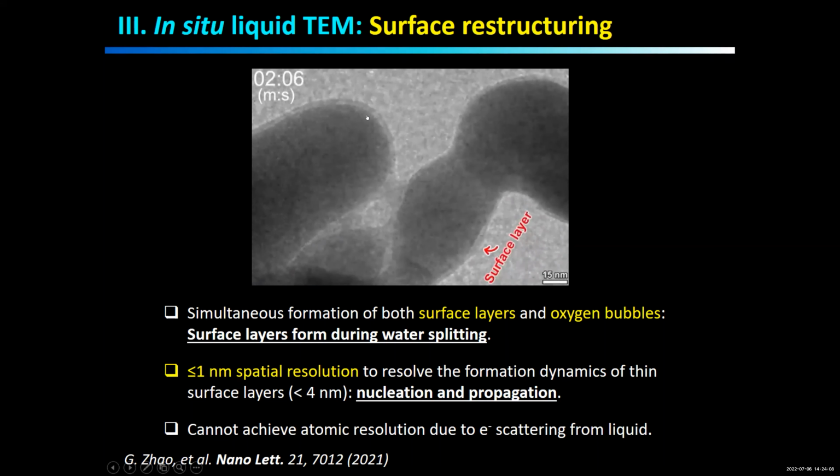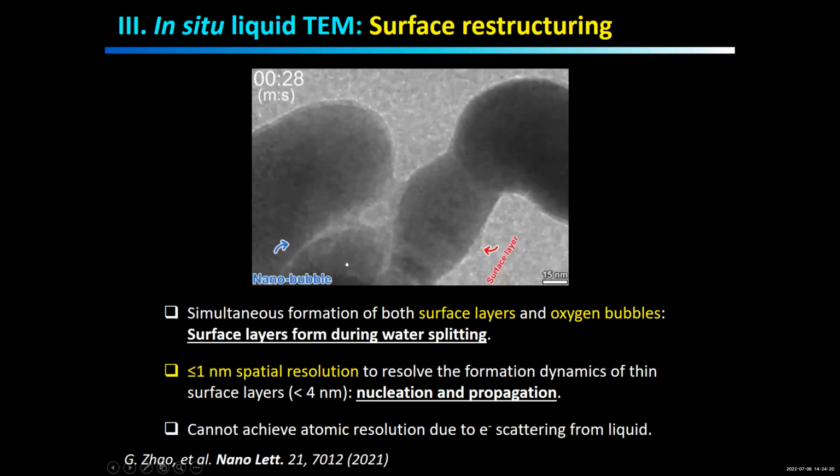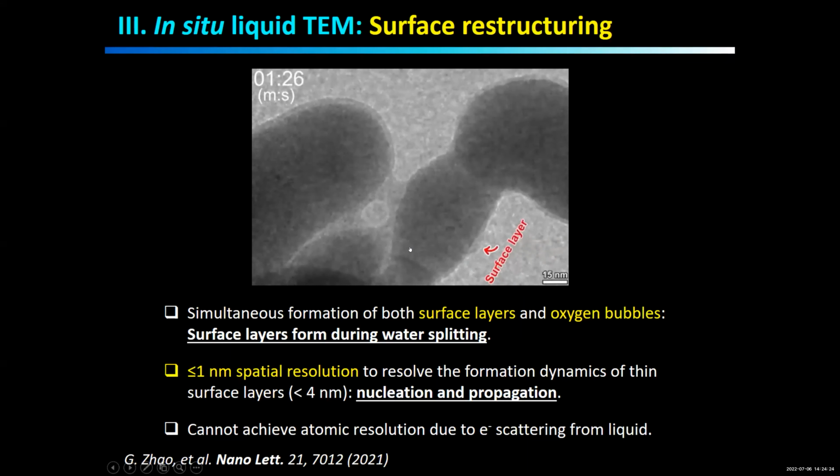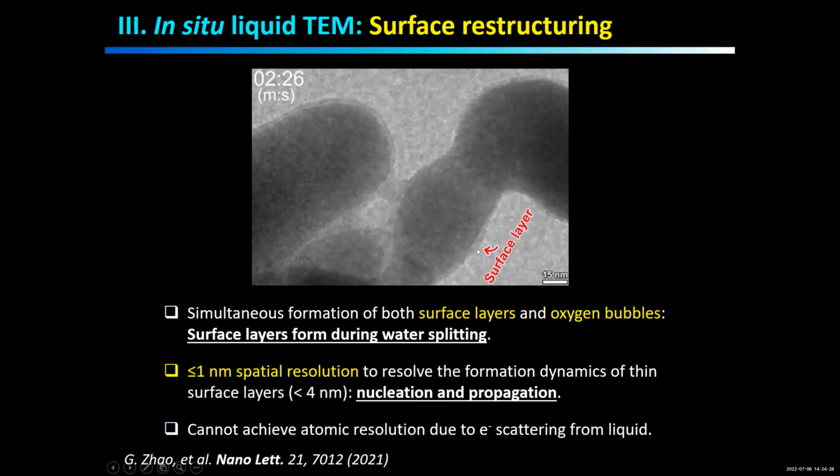And more excitingly, we can see the simultaneous formation of the surface layer on these catalysts. So maybe you can look at this process again. So here the nanobubble is really small, so I hope you can see this weak contrast. And this red arrow indicates a nucleation site for the surface layer, which eventually propagates to cover the whole catalyst surface.